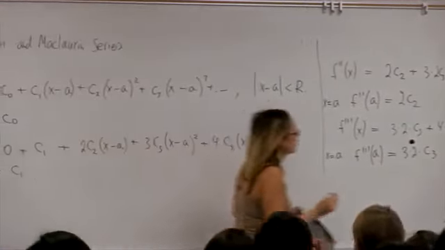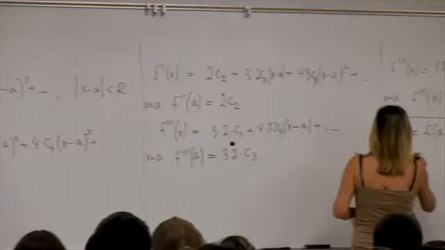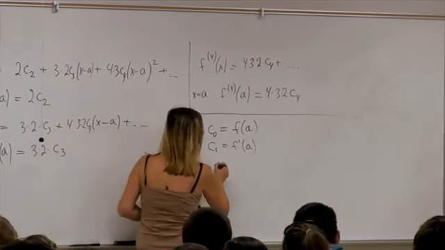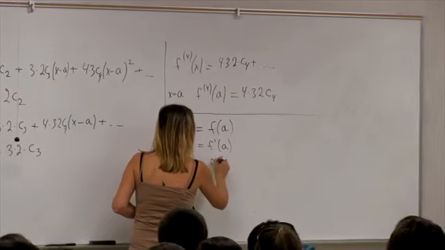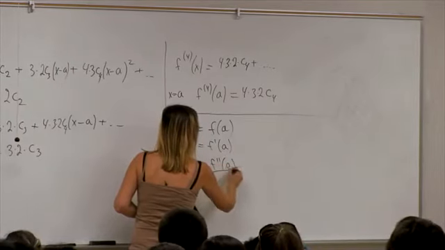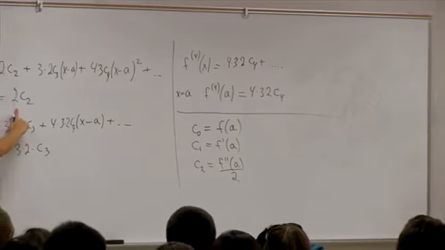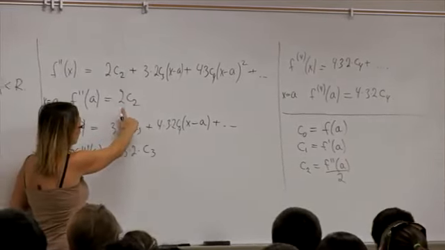C1 is f prime of a. Okay. C2 is f prime prime of a divided by 2 from this expression. Remember that number 2 that popped up?